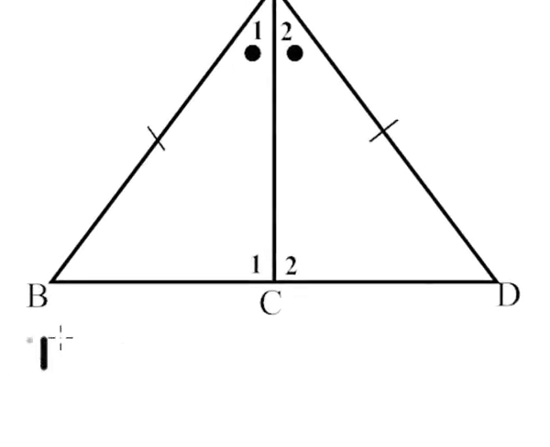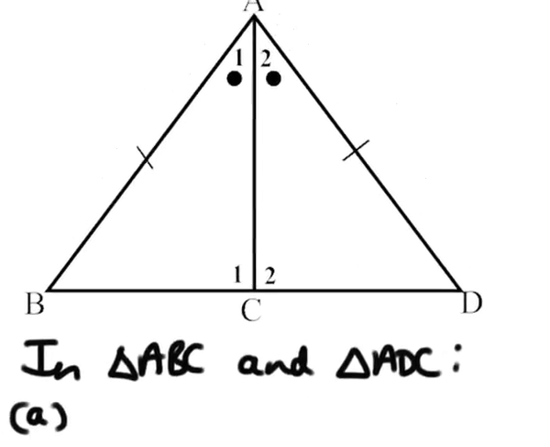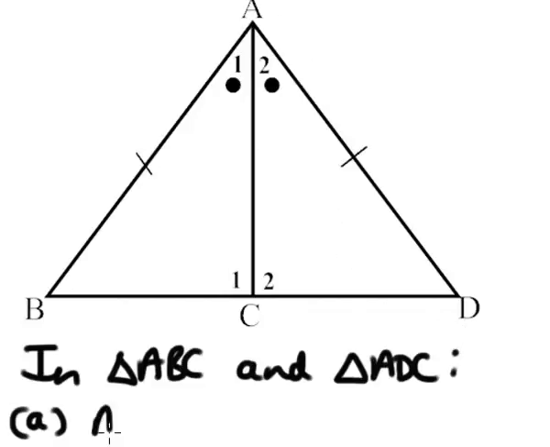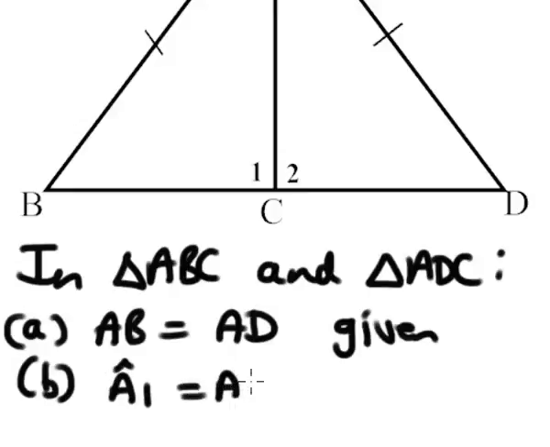So we could say in triangle ABC and triangle ADC, we've got AB in the left triangle equals AD in the other triangle, which is given. And then we've got angle A1. Notice the notation.